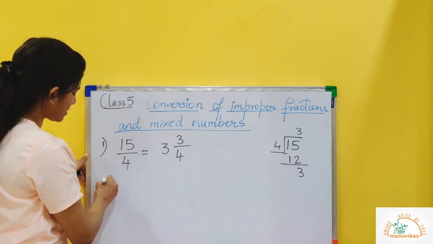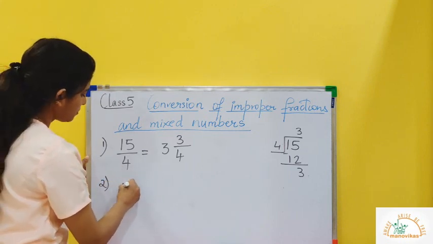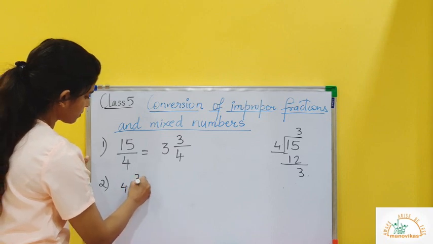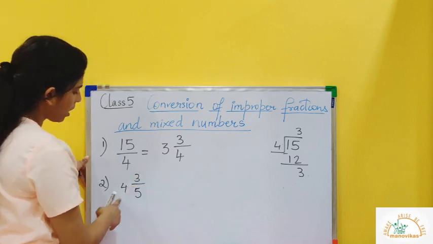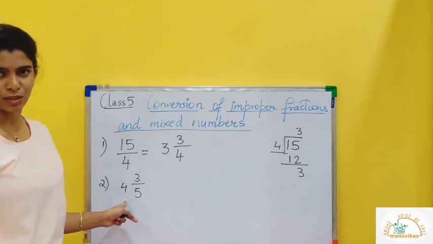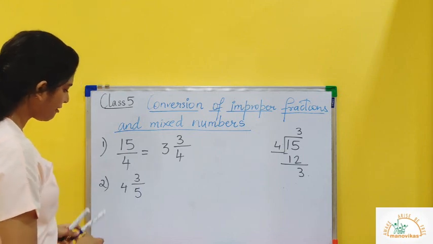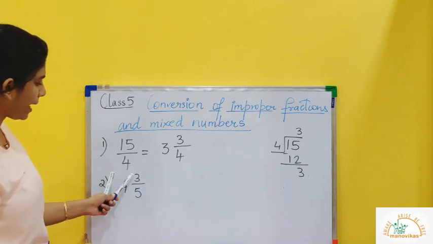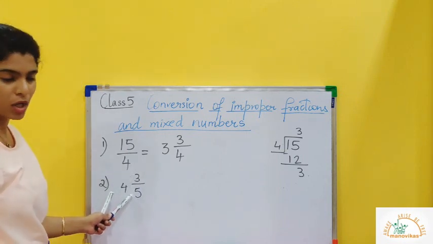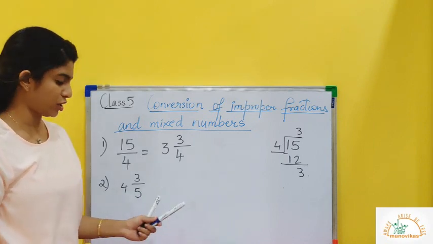Let's convert a mixed number into an improper fraction. How will you convert this into an improper fraction? Listen carefully to how I am doing it. You have 4 whole and 3/5. You have to convert it into an improper fraction.